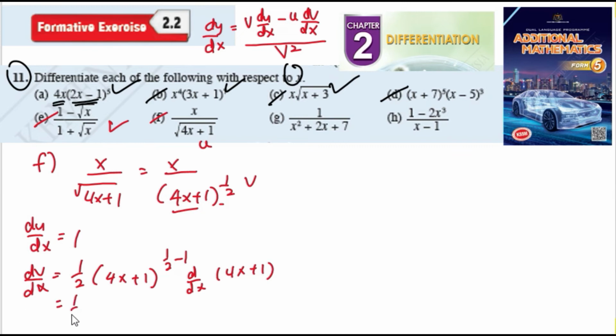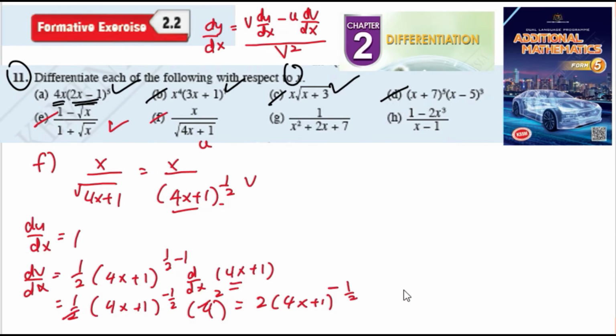So here you get half 4x plus 1, half minus 1 is negative half. So here when you differentiate 4x plus 1, differentiate 4x, you get 4. Differentiate 1, you get 0. So 4 plus 0 is equal to 4. So half times 4, you get 2. So here 2 times 4x plus 1 power of negative half.